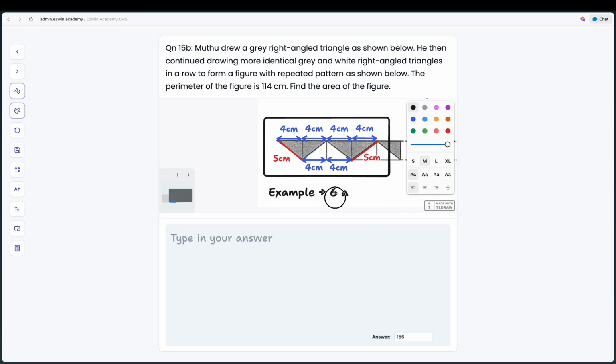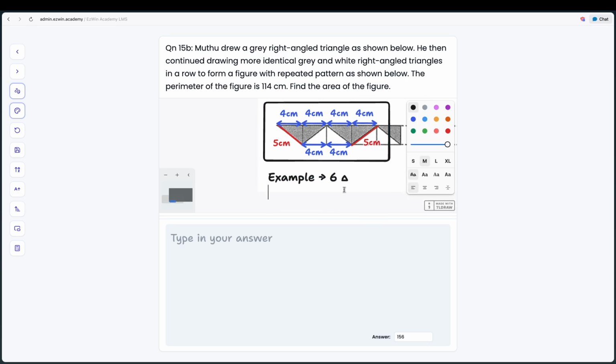So that means we will have a total perimeter of 6 triangles, which is equal to 5 and 5, so 5 times 2, plus 4 times 6.